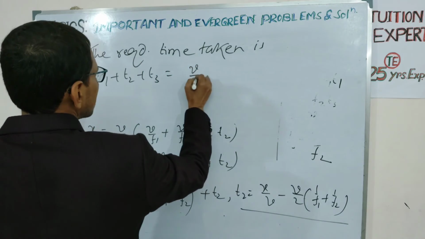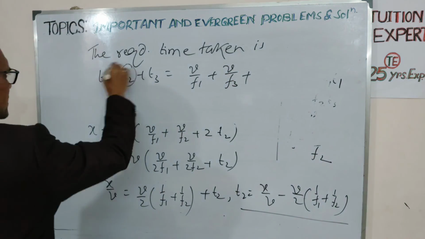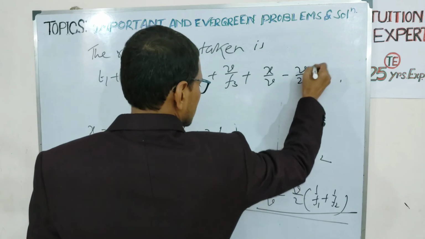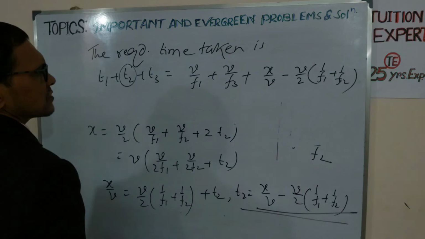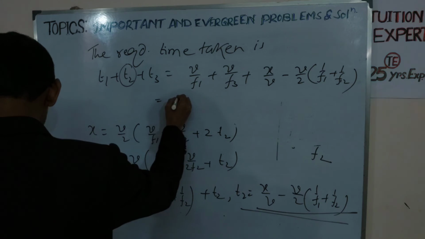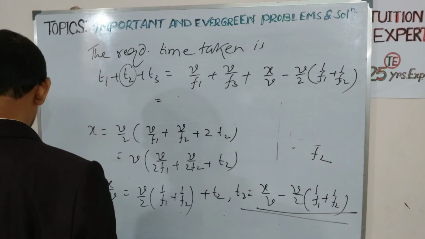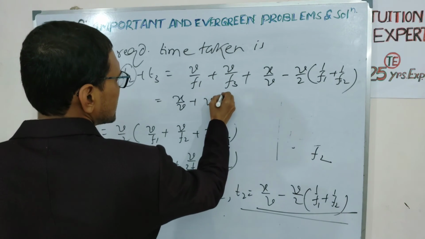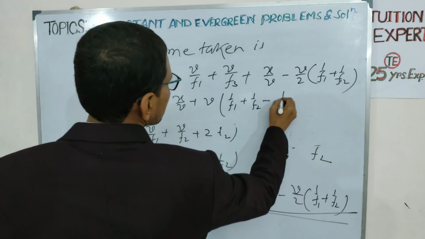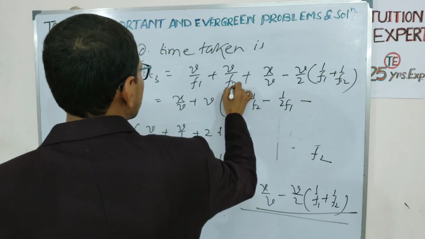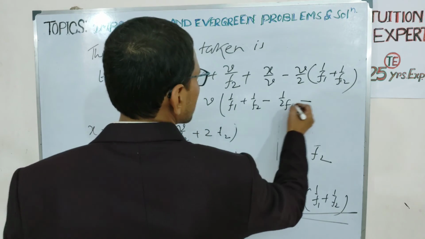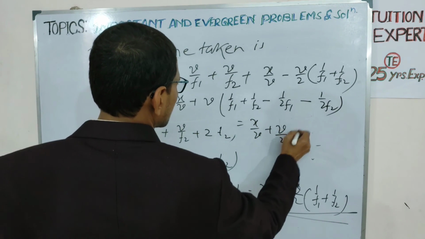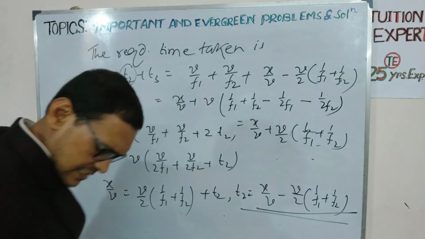We know t1 equals v by f1 and t3 equals v by f2, and t2 we get from this: t2 equals x by v minus v by 2 times (1 by f1 plus 1 by f2). Taking v common, v times (1 by f1 plus 1 by f2) minus v by 2 times (1 by f1 plus 1 by f2) gives x by v plus v by 2 times (1 by f1 plus 1 by f2). So this is the answer.